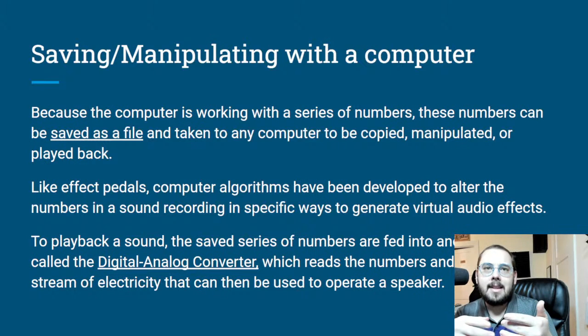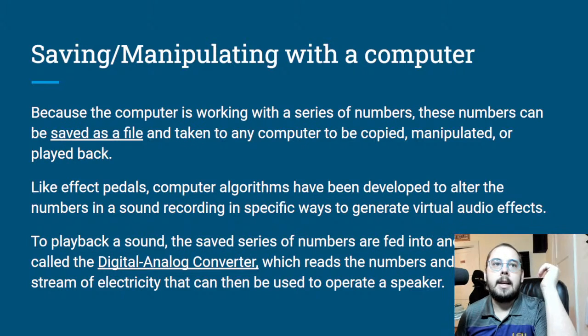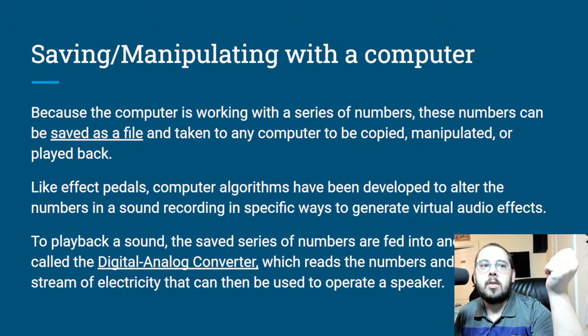To play back the sounds and hear them, we have what's called a digital to analog converter. A lot of times these are in the same circuit board as the analog to digital converter that we plug the microphones into. Again, if you have an audio interface or an external sound card, it's the same thing with different names.